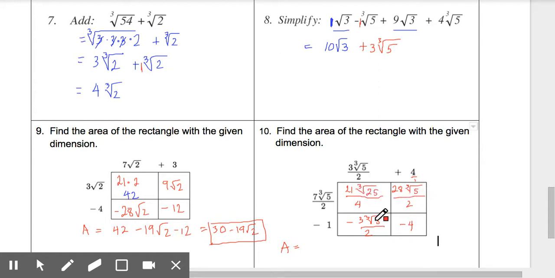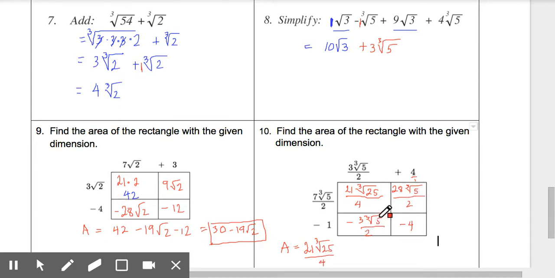But these two have the same index and the same radicand, and so we can combine these two. Okay, and then nothing looks like this. So when we write this, the simplest form will have 21 cube root of 25 over 4.